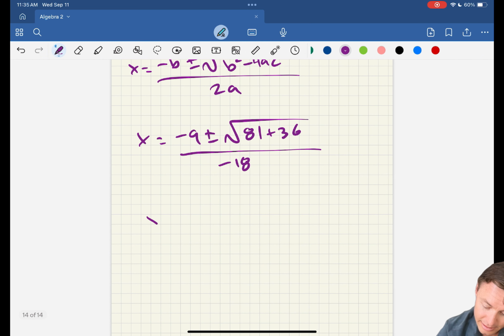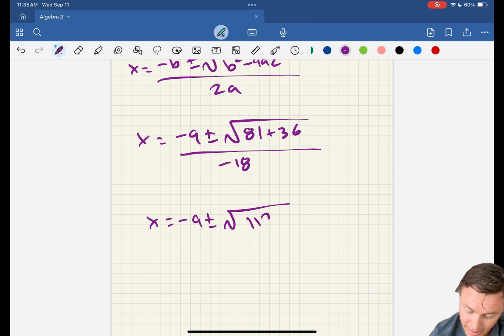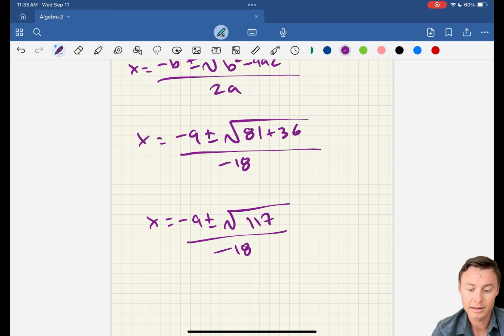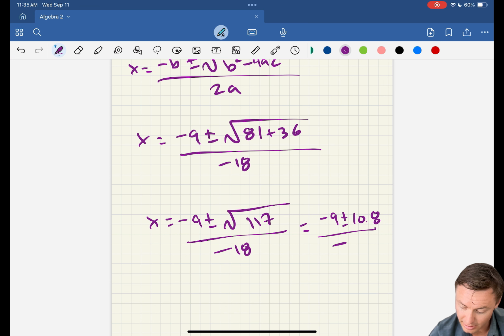So that means our x-intercepts are negative 9 plus or minus the square root of 117, since 81 plus 36 is 117, all over negative 18. Let me go ahead and do that on a calculator. So the square root of 117 is 10.8, so negative 9 plus or minus 10.8 over negative 18.